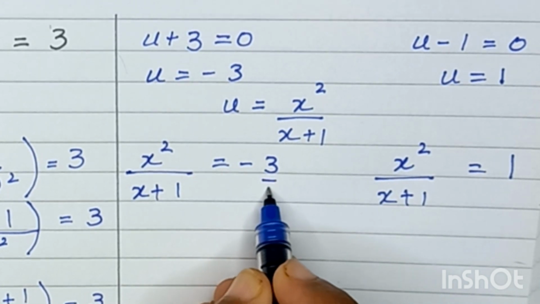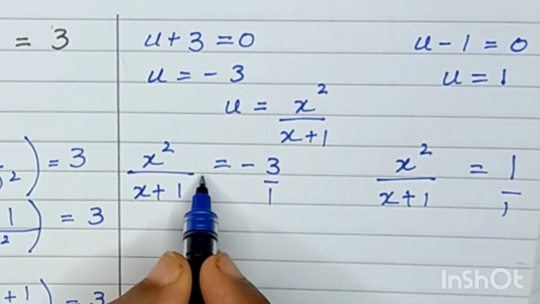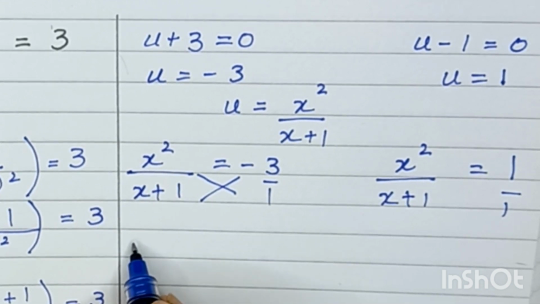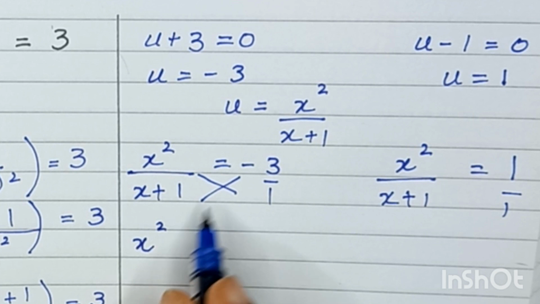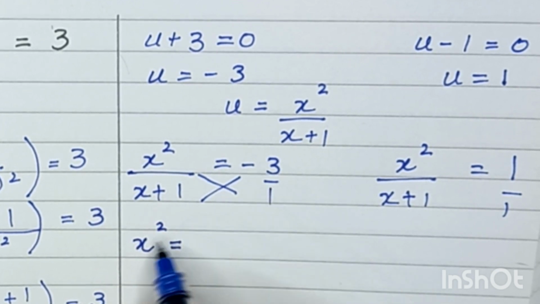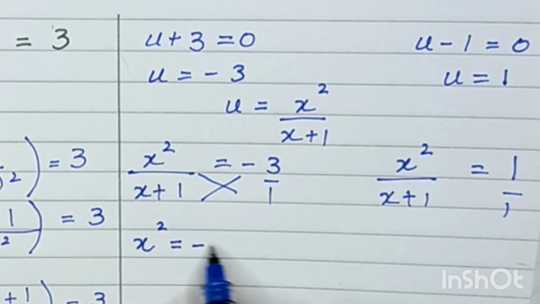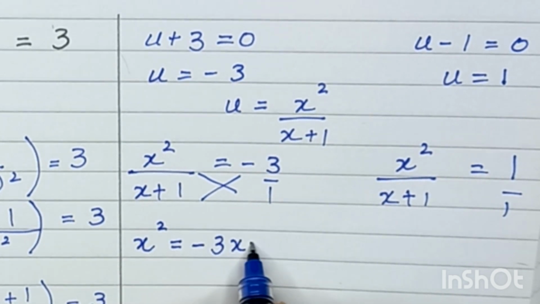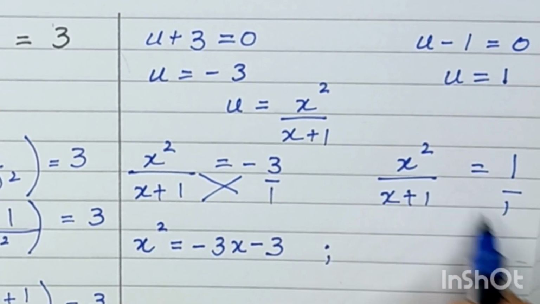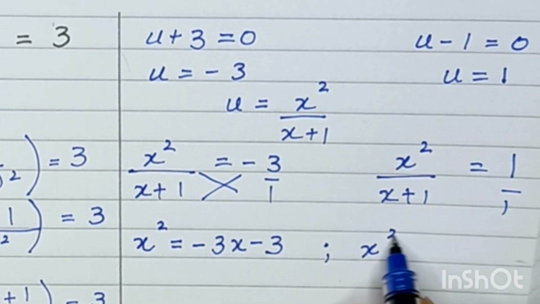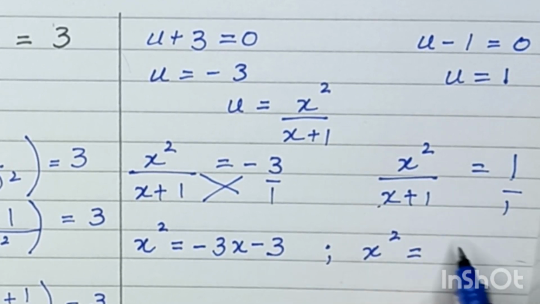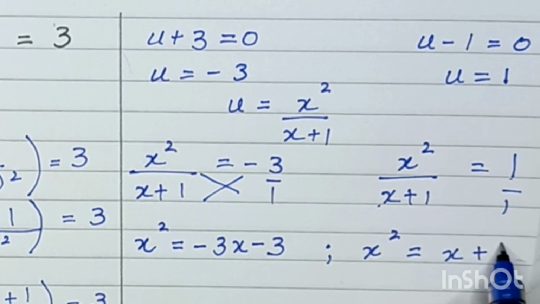So here we will do cross multiplication. So x square will be equal to minus 3x minus 3, and in the other equation x square into 1 will be x square, and it will be equal to x times x plus 1 times 1.